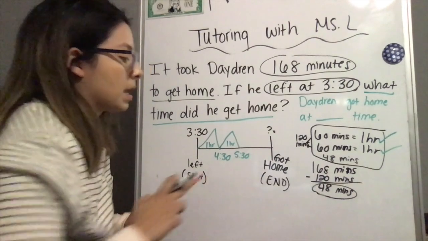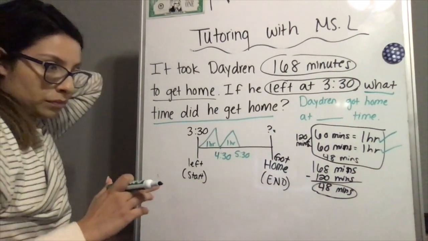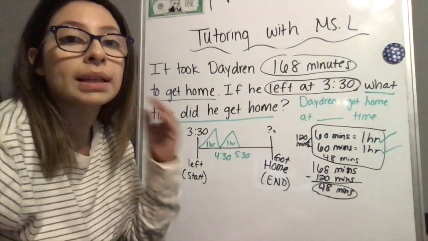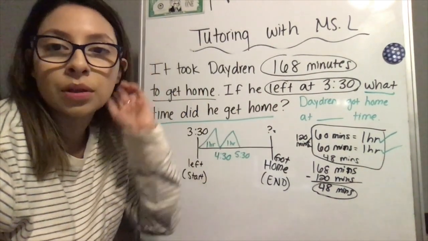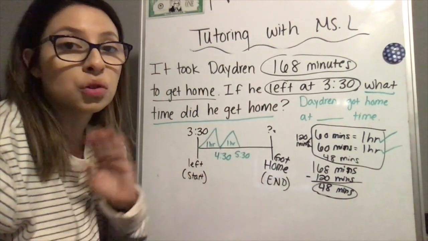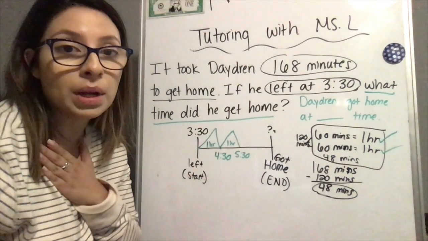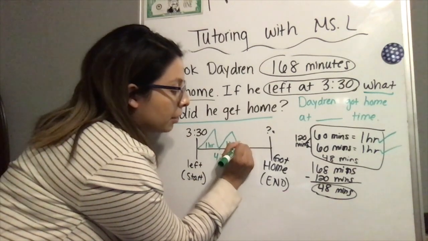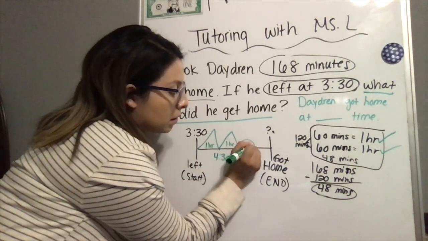Now, 48 minutes. Here's what I'm going to do. I see that I'm already at 30. You could count by tens all the way till you get to 48. That's totally fine. Miss LaFuente likes to take a quick shortcut, and I like to do it by 30 minutes.